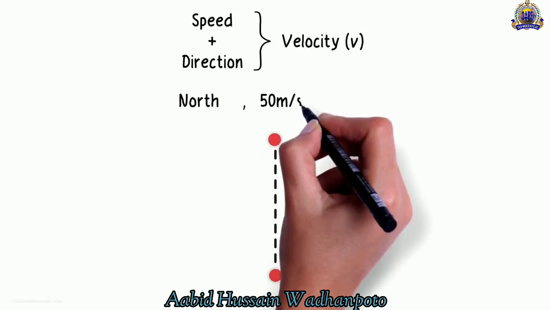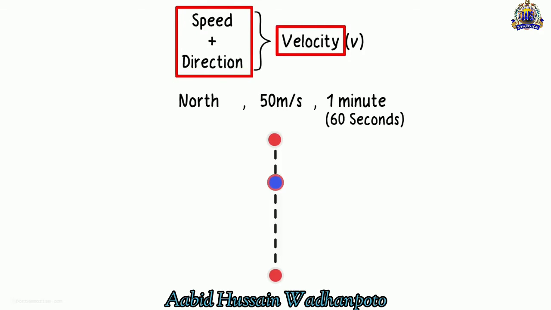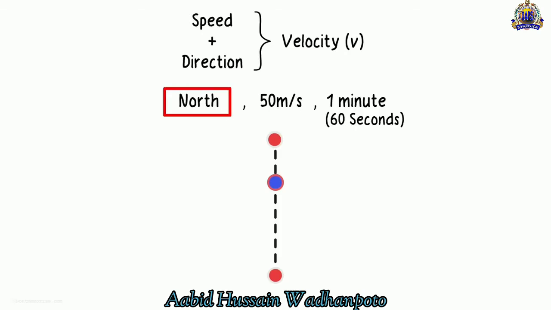If the distance was covered in the north direction, at 50 meters per second in 1 minute or 60 seconds, yes, we will take seconds in this formula, then since we are talking about a particular direction, it is the velocity, because there was a particular direction in which the body is covering a displacement. We can say displacement, or we can say speed plus direction. Both terms are used because here we have the north direction given.